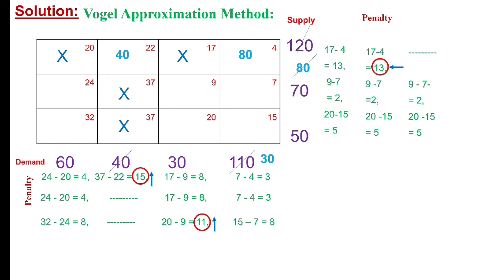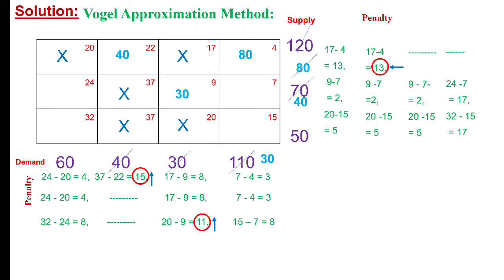First row is already filled. Second row: 24 and 7 are the two minimums, difference 17. Third row: 32 minus 15, only that is left. Then column-wise penalty: 32 minus 24, 8. Second is filled, third is filled, and fourth is 15 minus 7, 8.